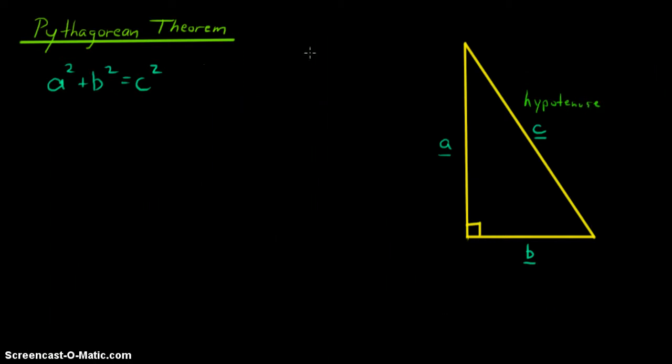So let's get through this quite quickly. If we want to solve a right triangle like this, it's just a matter of plugging some numbers into a formula. So let's look at the possibilities here.